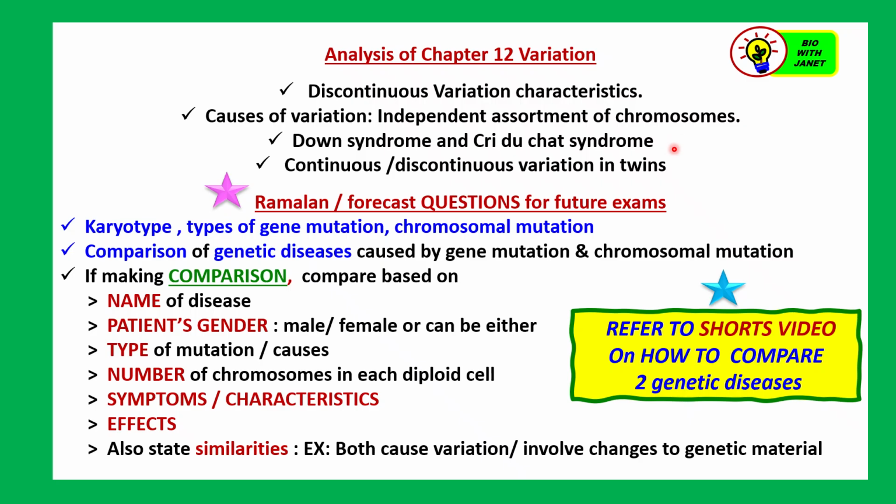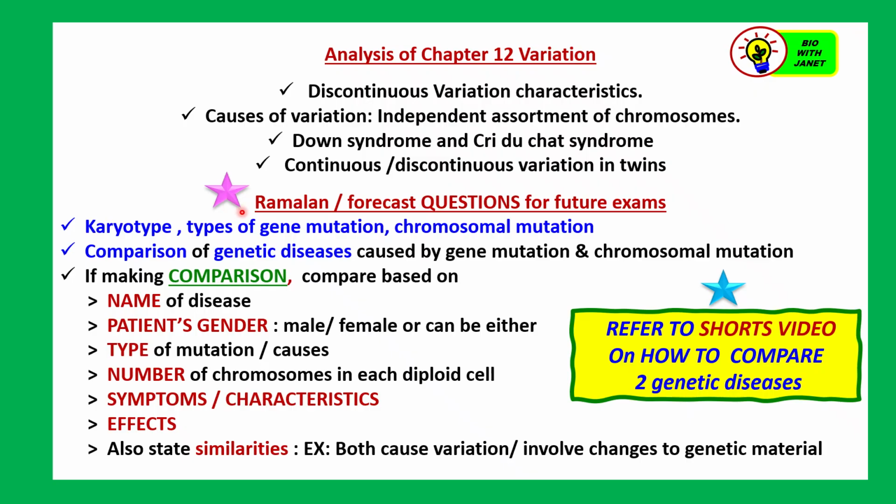And then also comparison between Down syndrome and Cri-du-Chat syndrome. And in year 2023, continuous and discontinuous variation in twins were asked, okay? So if you want to try the SPM questions, please do buy the Past Year Question Book, and try the questions from 2021 and 2023.